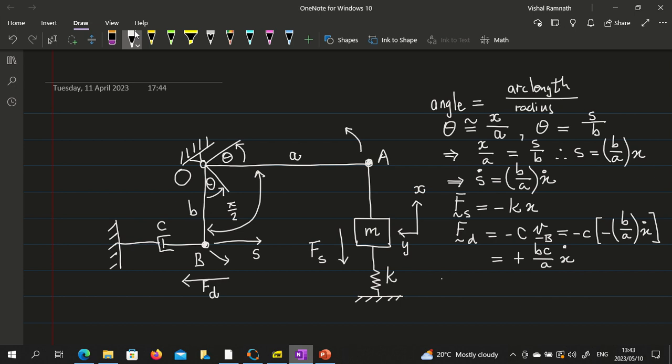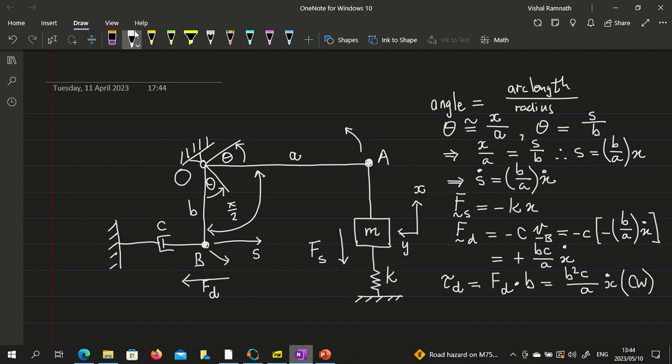So the torque caused by the damping force is force times perpendicular distance, which would be Fd times b, which would then be b squared c over a times x dot, and that would be in a clockwise direction.